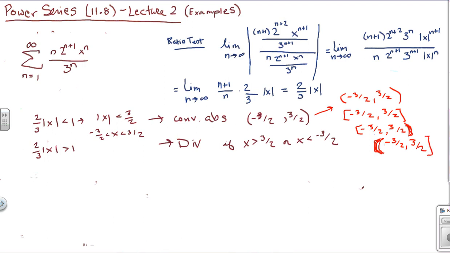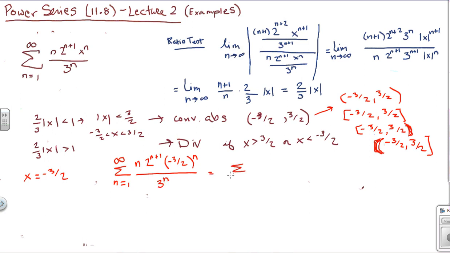So let's look at x equals negative 3/2. At x equals negative 3/2, my series is the sum. Now remember, when we're determining if it converges or diverges, where we start at doesn't matter. It only matters if you tell what it converges or diverges to. So that's plugging in negative 3/2 for x, and we can simplify this.